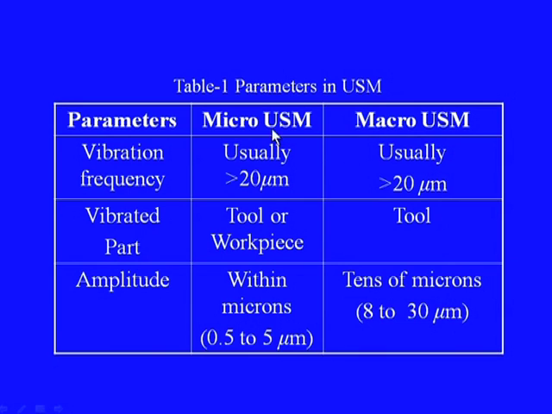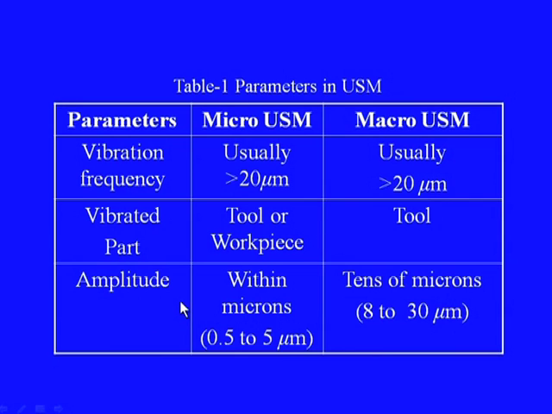In micro USM there are a few reports in which researchers have studied imparting the vibrations to the workpiece as well, and they have got good response with this particular technique. Therefore, as far as the vibration is concerned, both can be subjected to this ultrasonic vibration in case of micro USM.